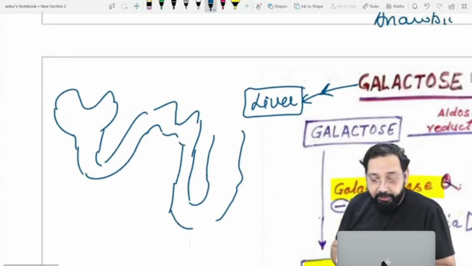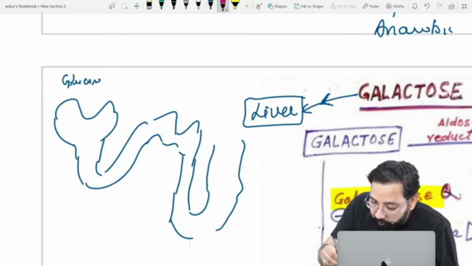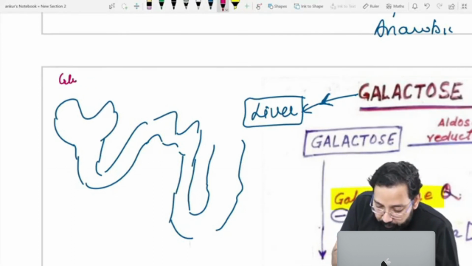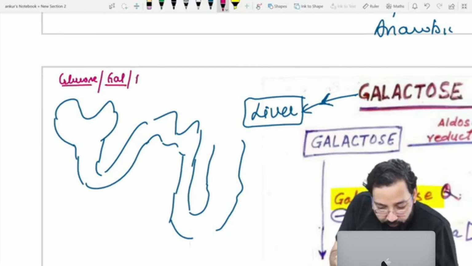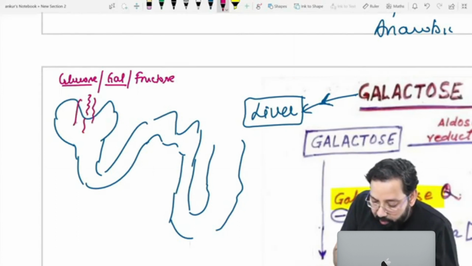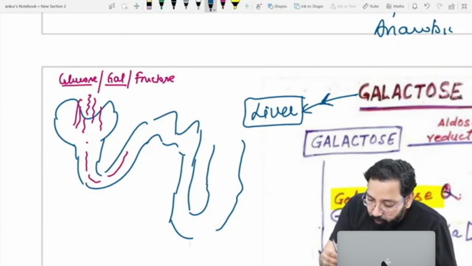We know that glucose, galactose, and fructose are filtered via the glomerulus, but glucose is reabsorbed. I take green color. Reabsorbed.